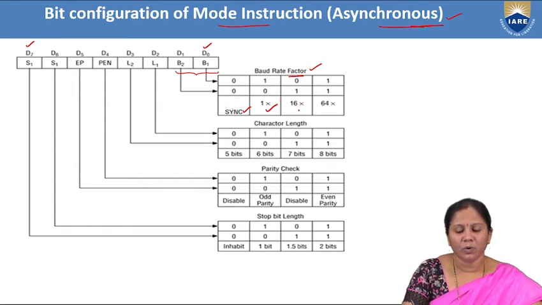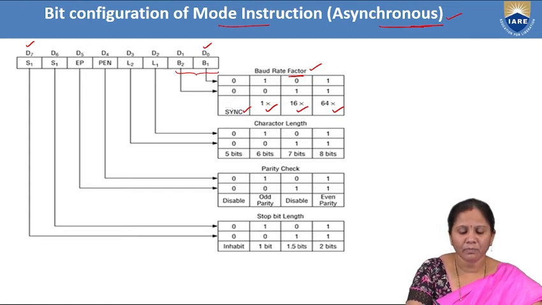And if it is 1, 0, the baud rate factor will be multiplied by 16. If it is 1, 1, the baud rate factor will be multiplied by 64. So these two bits decide the baud rate factor. Baud rate means the number of times the signal in the communication channel changes.